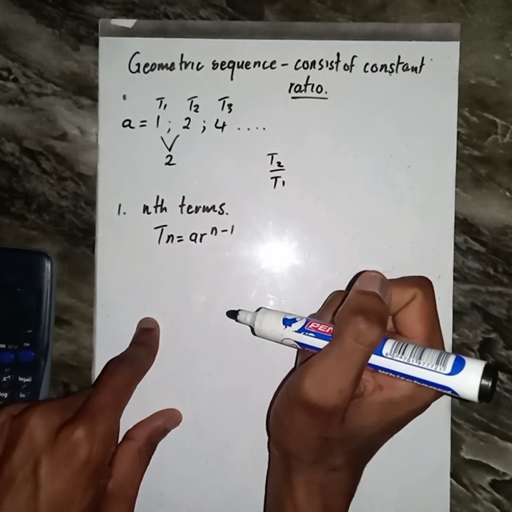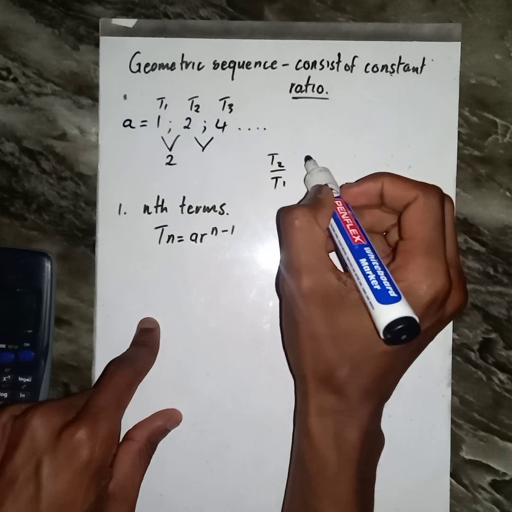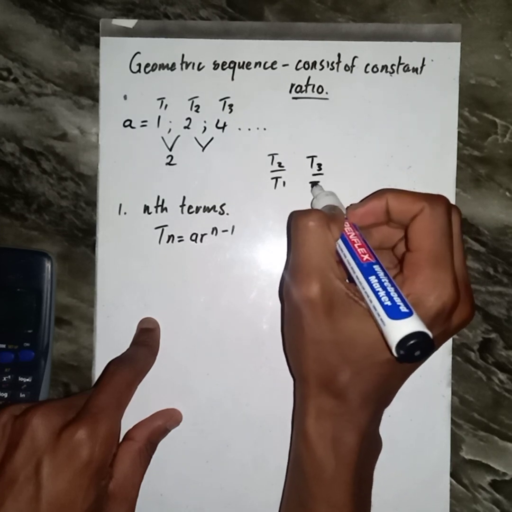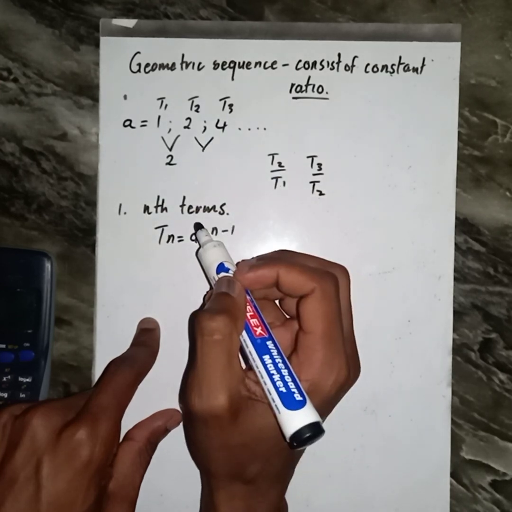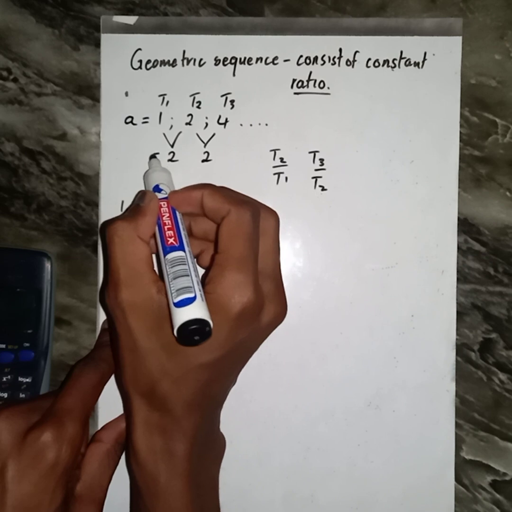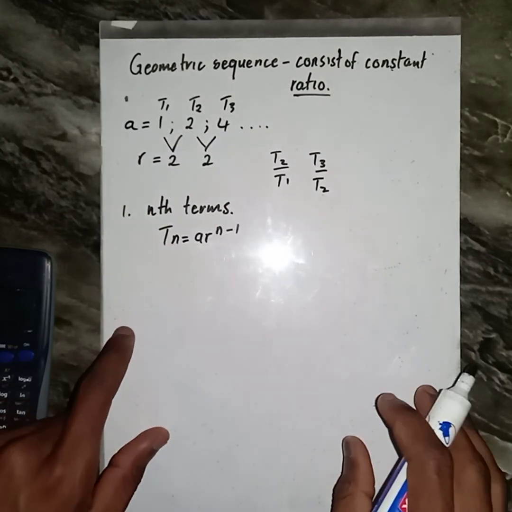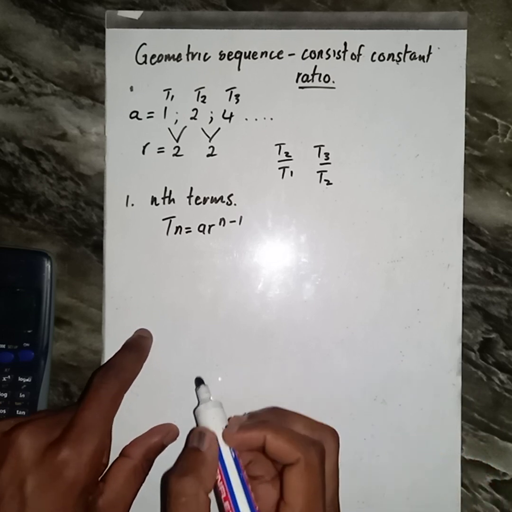Going to get 2. Same applies by saying T3 divided by T2. We say 4 divided by 2. Clearly we are going to get 2. Then this value is going to be our r.